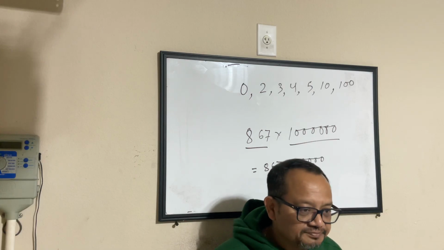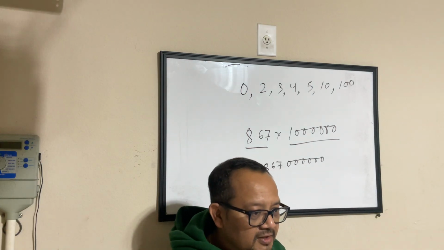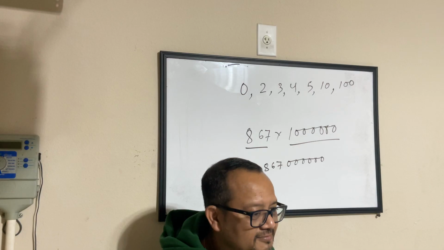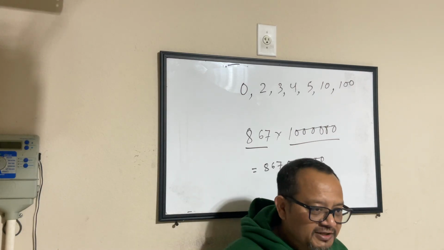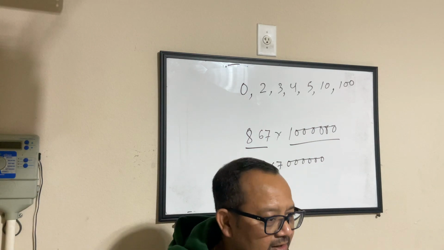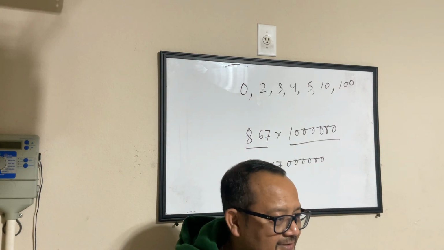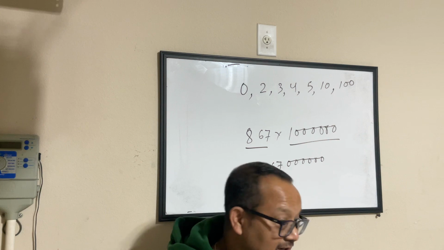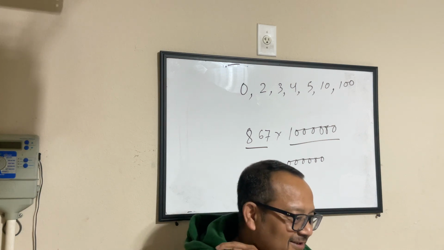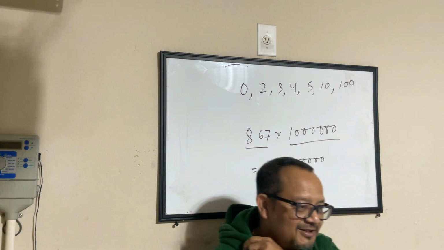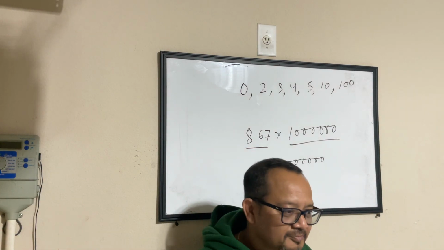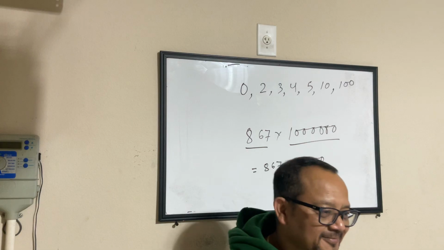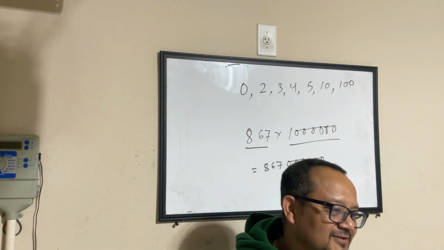Okay. Yes, Amir. 867 million. Okay. Let's see what Joy has to say. Yeah, Joy. 867 trillion. My God, that is a lot. Yeah, Diti. 867 million.